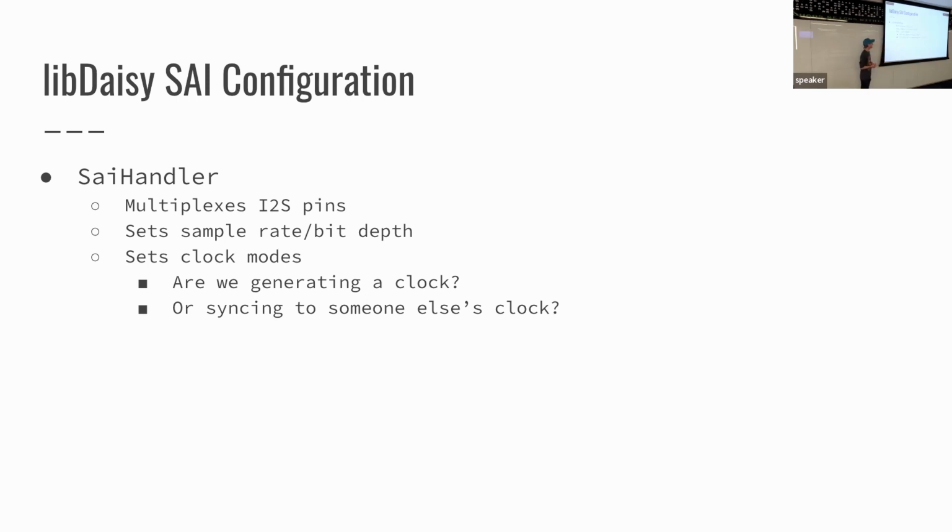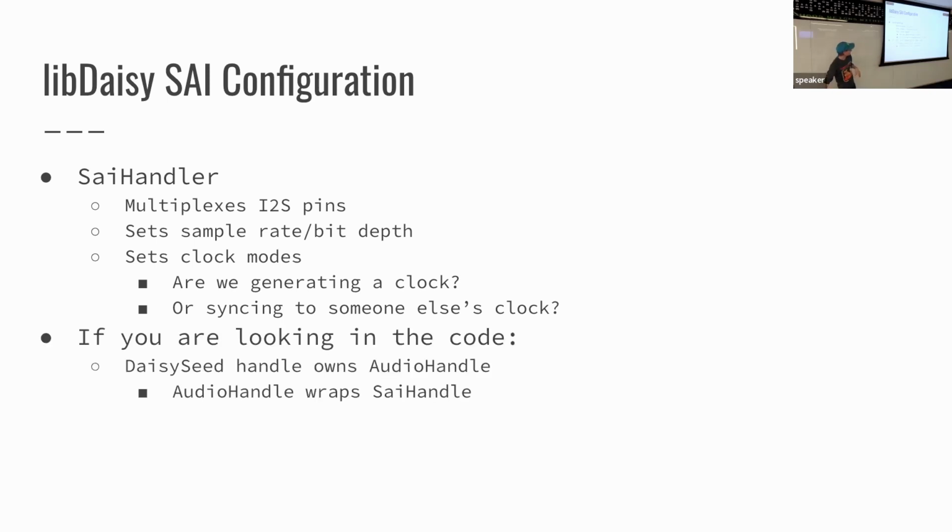Because if it's not right, then the software is going to be either trying to read a clock when you're expecting to write something somewhere, and you'll just end up with garbage. So if you're looking in the Daisy, you want to start with the Daisy seed, which owns an audio handle, which owns a series of SAI handles, and that's where all those guys are for weekend reading.